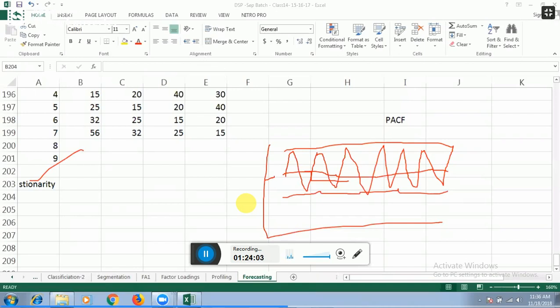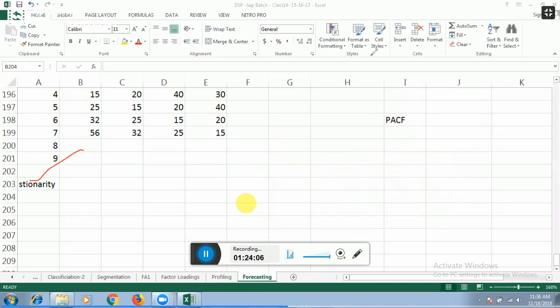Is that clear? So this is what a stationary series is. A lot of times, I told you, stationarity is the prerequisite for forecasting models.